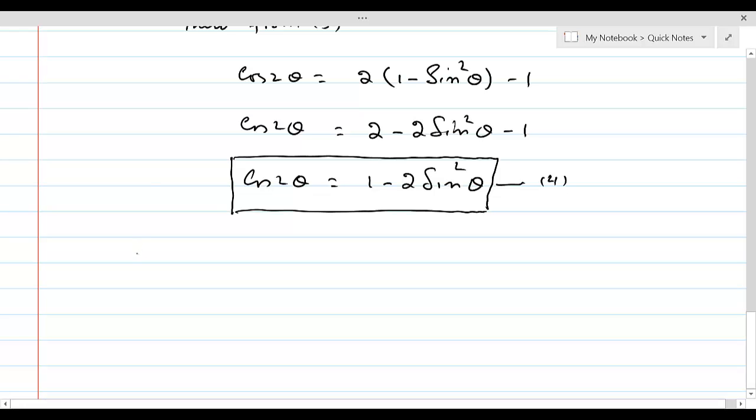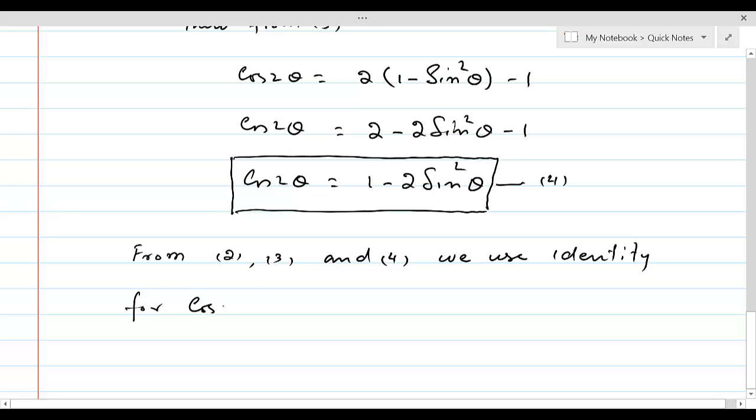From 2, 3 and 4, we use the identity for cos 2 theta depending upon the need.